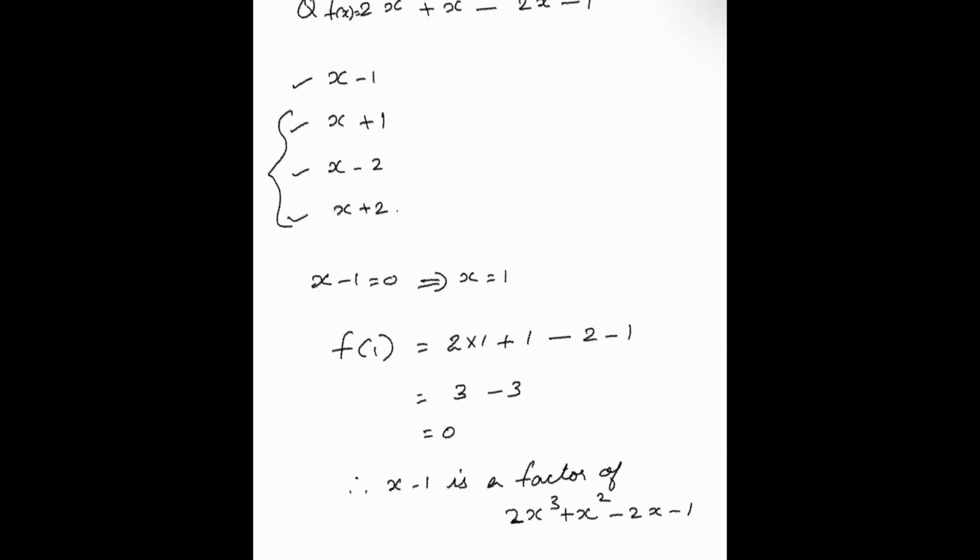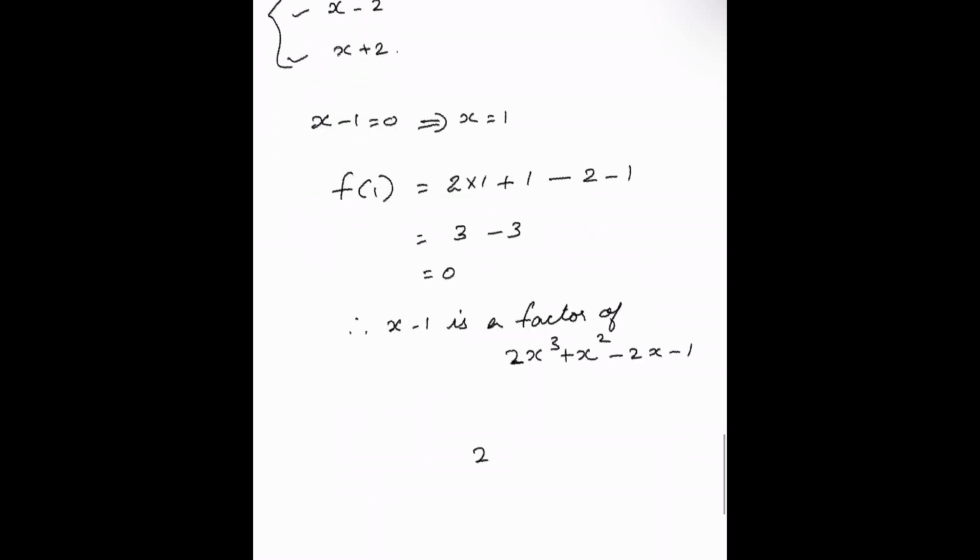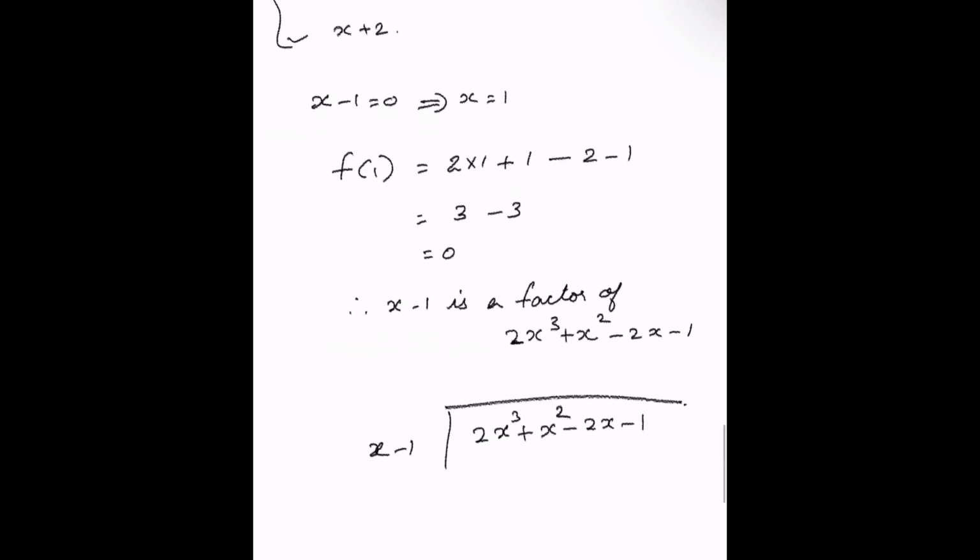If I have one factor, the next step is to divide the given polynomial by it. So 2x cube plus x square minus 2x minus 1, I'll be dividing by the factor which I just found, x minus 1.